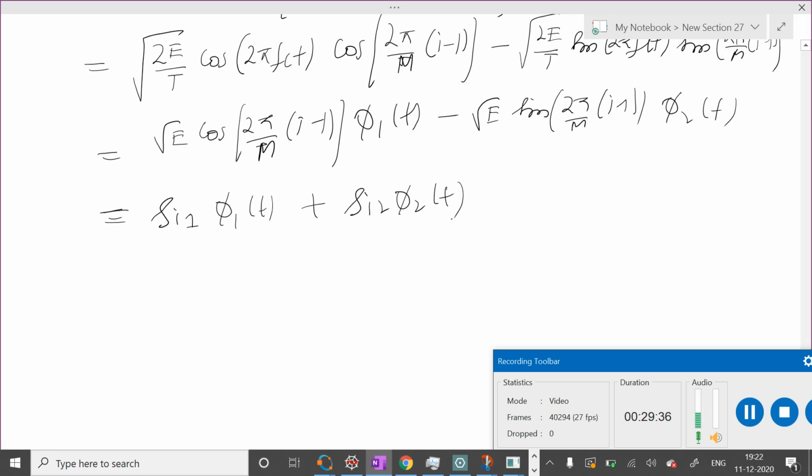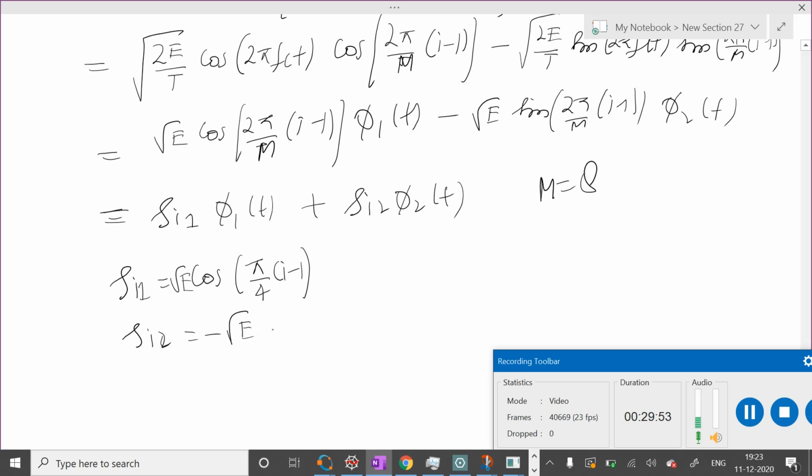Now for M equal to 8, this s_i1 becomes root E cos(pi/4 (i-1)), and s_i2 becomes minus root E sin(pi/4 (i-1)).